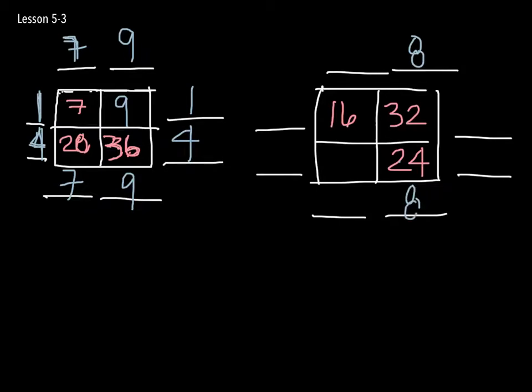That would be 4. What times 4 gives me 16? 4. What times 8 will give me 24? We're looking at this box right here, and that would be 3. So 3 is here, 4 is here. 3 times 4 is 12. And that's how we do that.